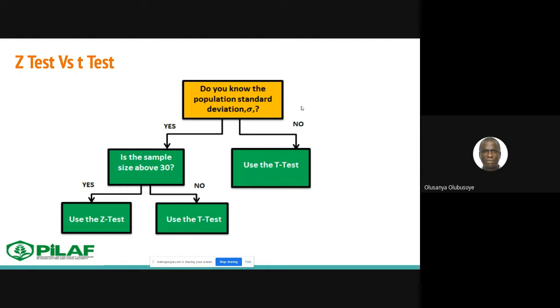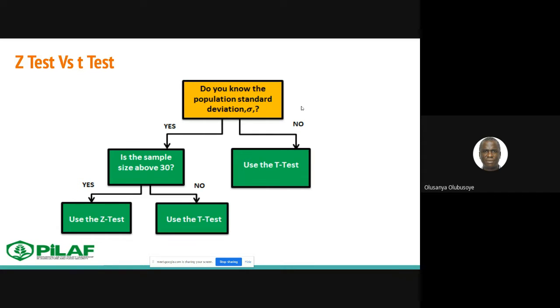And the fact is that even as your sample size gets bigger, both the t-test and the z-test will give you the same result. The t-test will approximate the normal test as the sample size becomes bigger.